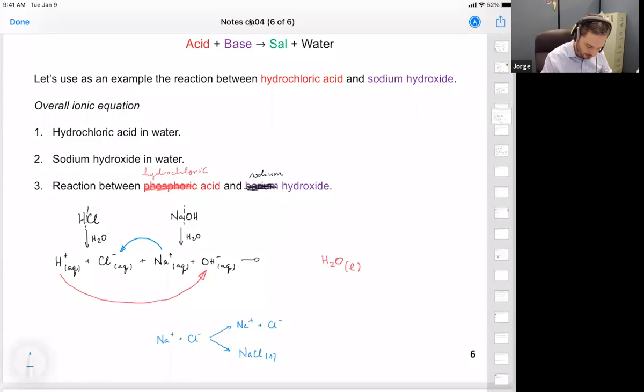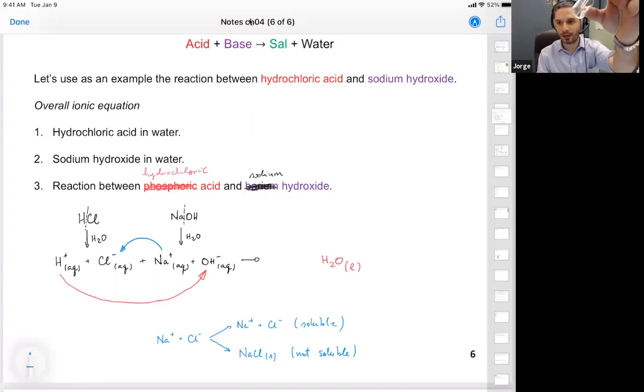If NaCl is not soluble, that's going to be the form preferred. If it is soluble, they will be as separated ions. And we all know that sodium chloride, right here, that's basically salt, is very soluble in water. Okay.